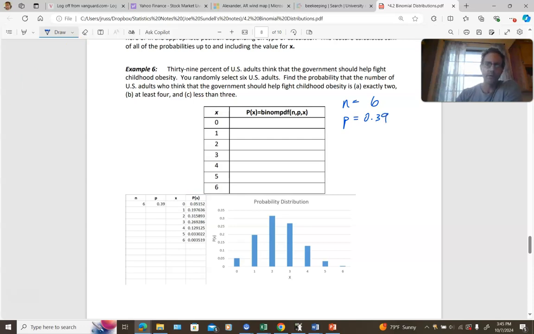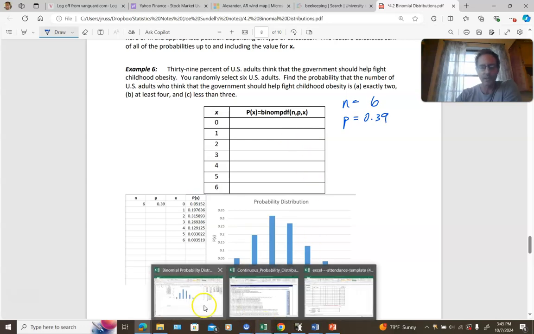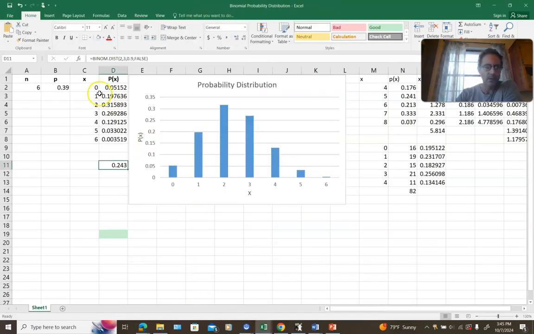And so you could find these the same way if you go to your y equals screen and put this in. I think this one I actually did in Excel right here, so you can see I gave n a value of 6, a probability of success a value of 0.39, and then I put in these 7 different values for our random variable, and then these are the corresponding probabilities.